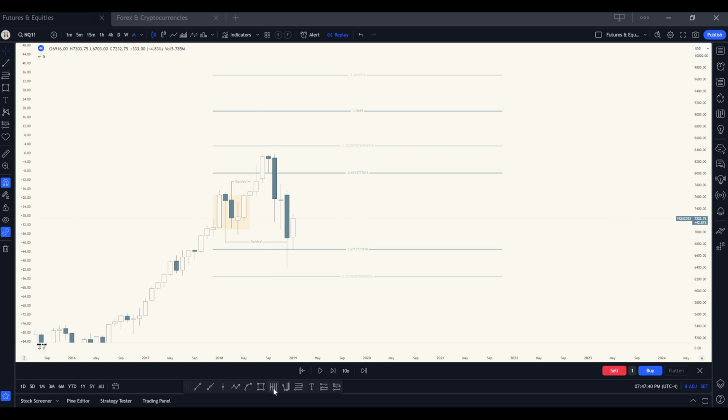And also, I need to make this very clear. Each line itself is not a target. I am not targeting the lines. What I am targeting is the range. Okay? The range.